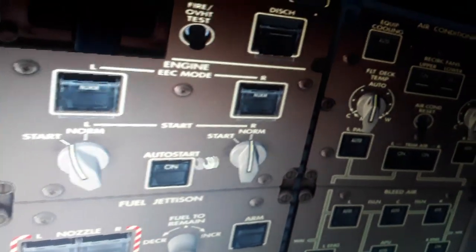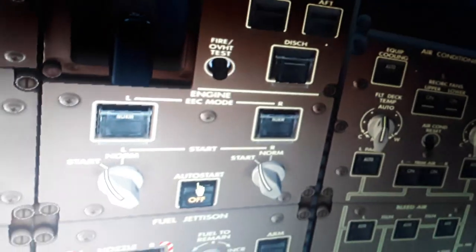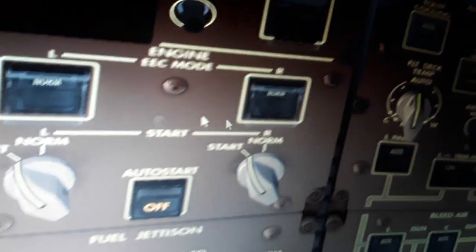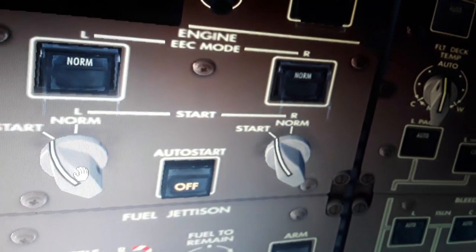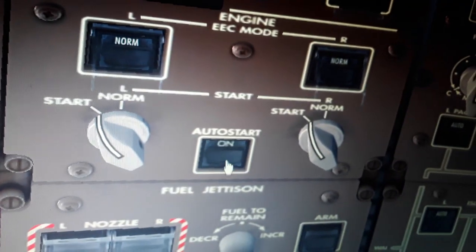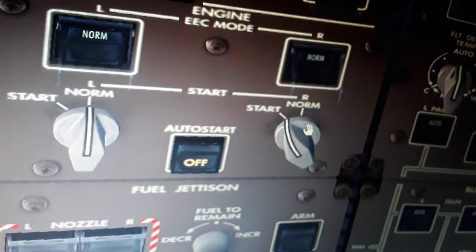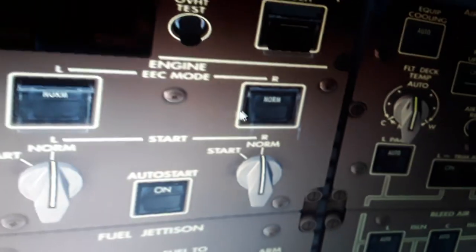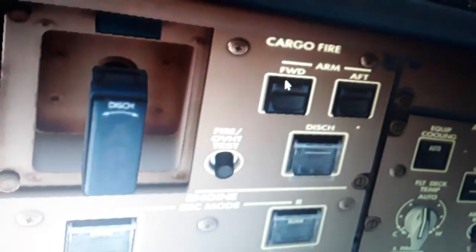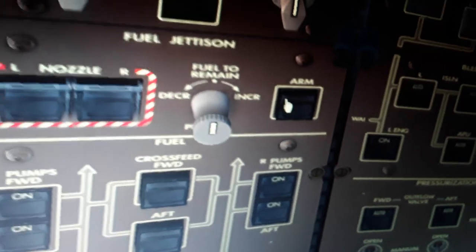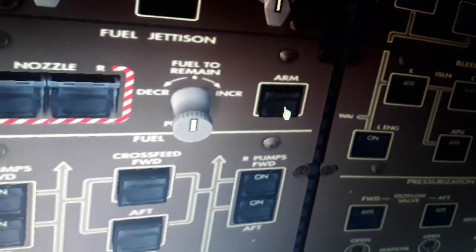We have the left and the right engine, the general electronic engine control for the fighters, and also the auto start system. You can turn it on and off. The normal. The APU and the cargo fire, the fuel jettison, arm and disarm.